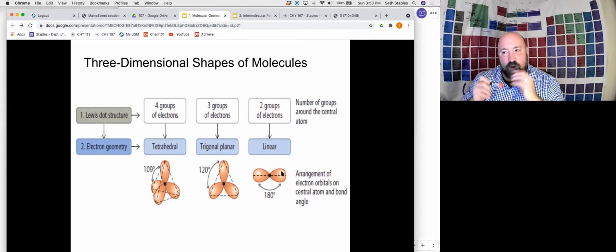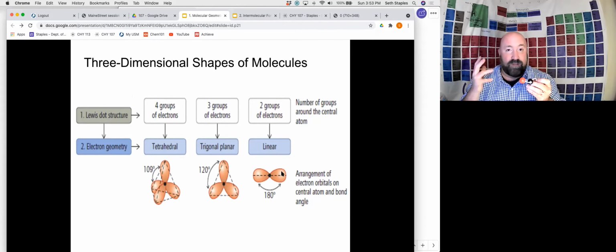So that's the whole idea behind VSEPR theory, is that the electrons in a molecule will always orient themselves such that the distance between those electron groups is maximized.